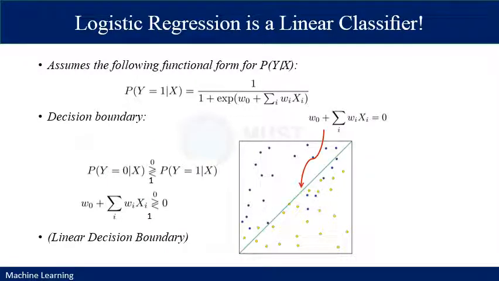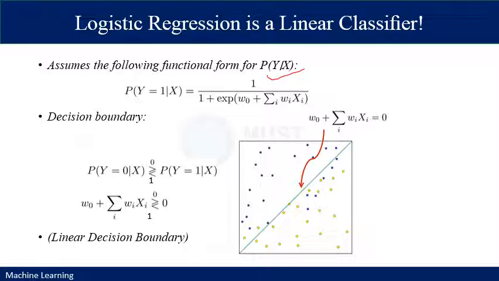Logistic regression is again a linear classifier, and it takes the functional form of p of y given x, which is the posterior probability in terms of a generative classifier, and the assumption of the decision boundary in terms of a discriminative classifier.